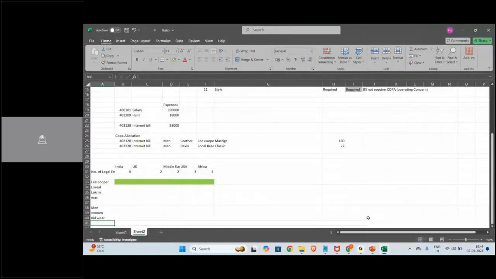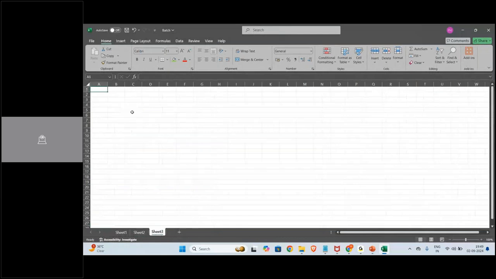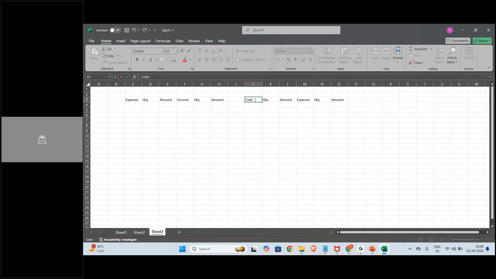I should have a balance sheet somewhere, but otherwise I'll construct it. Expense amount. I am taking a quantity column here.